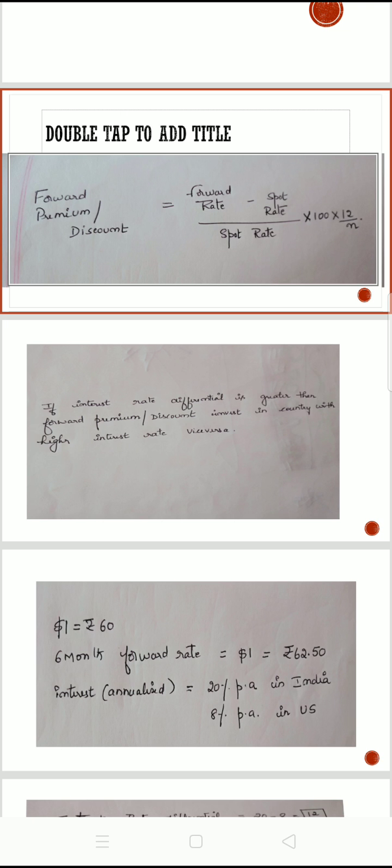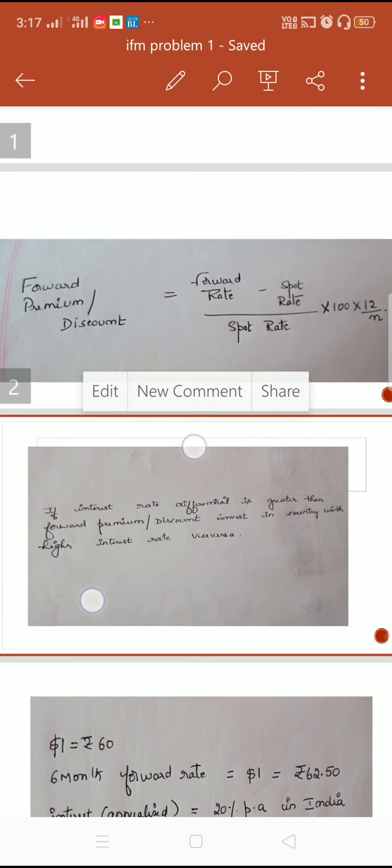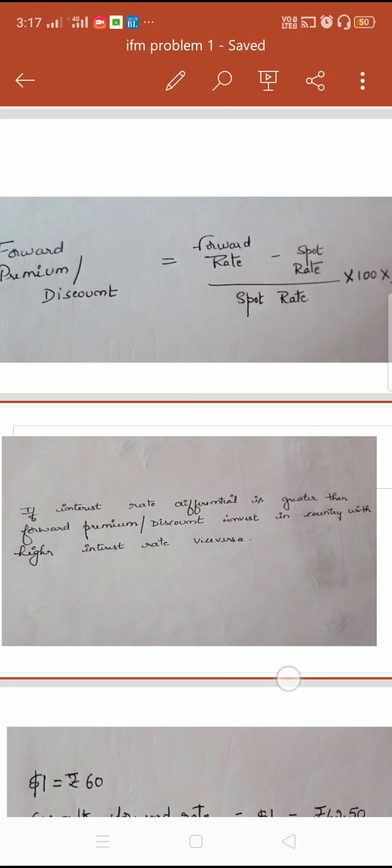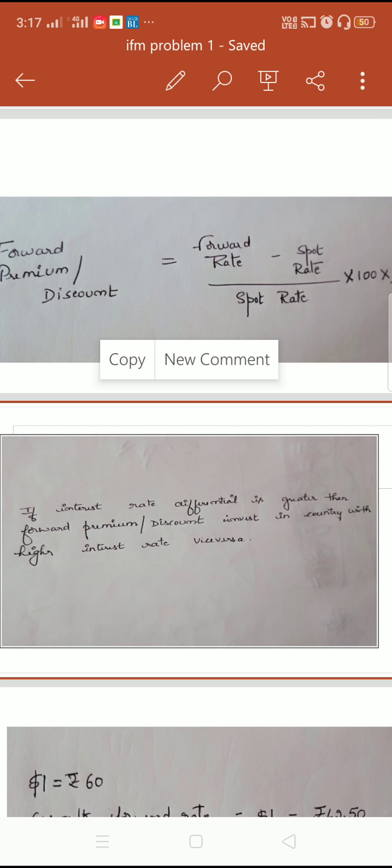So you see where you will get more opportunity: if you borrow from India and invest in US, or borrow from US and invest in India, where will you get more profit? To check that, you need to go with this theory. According to covered interest arbitrage, if the interest rate differential is greater than forward premium or discount, invest in the country with the higher interest rate, or vice versa.